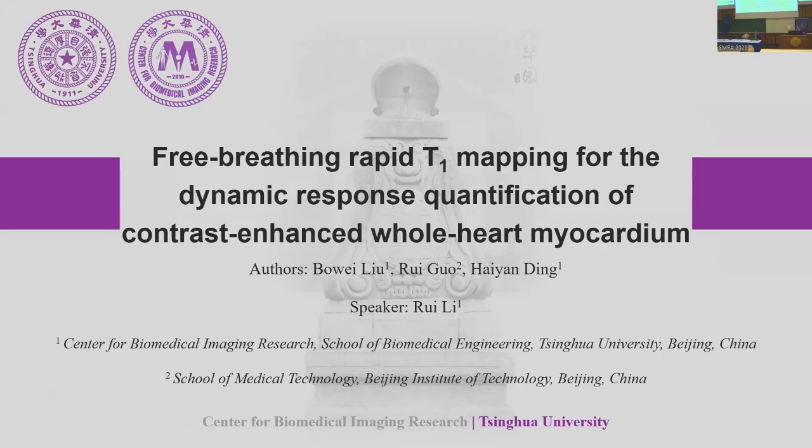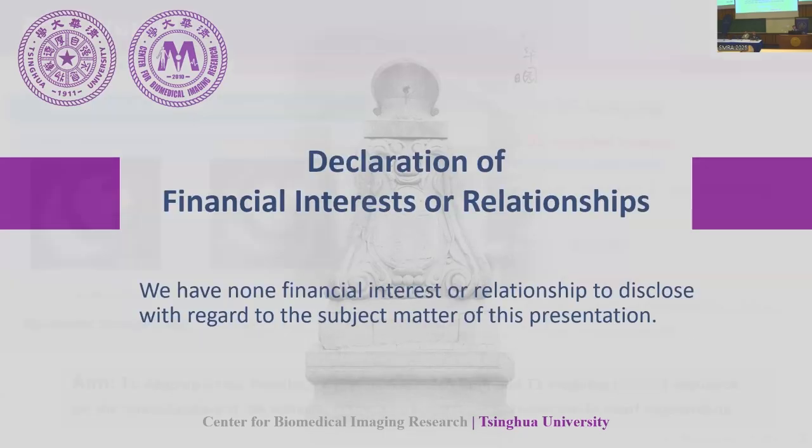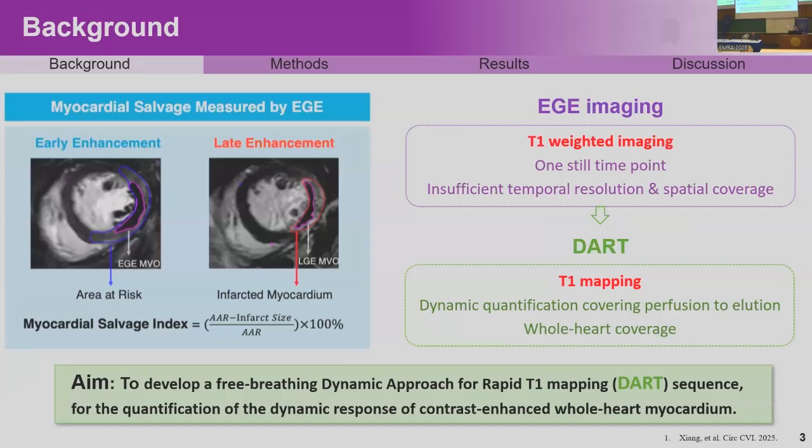We have a group in Tsinghua University doing a lot of quantitative myocardium imaging. So this work is about free breathing rapid T1 mapping for dynamic response quantification of contrast enhanced whole heart myocardium. I have nothing to declare. As we all know, late gadolinium enhancement can discriminate the infarct myocardium, but we are also concerned about the procedure of how contrast gets into the myocardium.